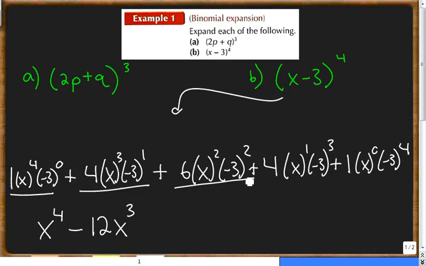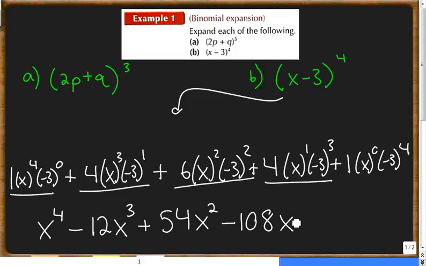We then have 6 times the negative 3 squared, so 6 times 9, so that's positive 54x squared. We then have 4x times negative 27, so that's going to be negative 108x. And then lastly, we have x to the 0, which is 1, times negative 3 to the fourth, which is 81.